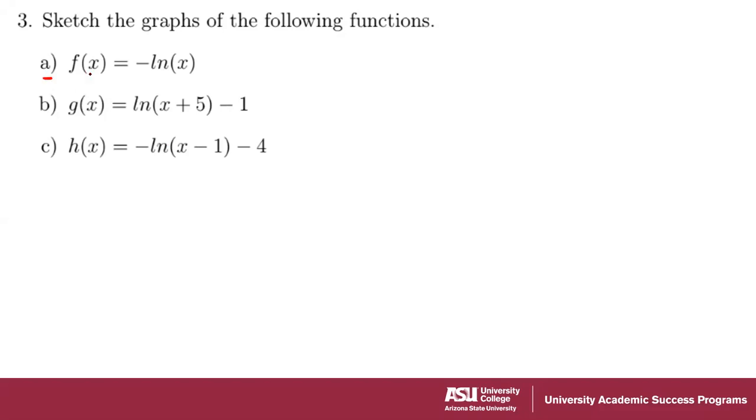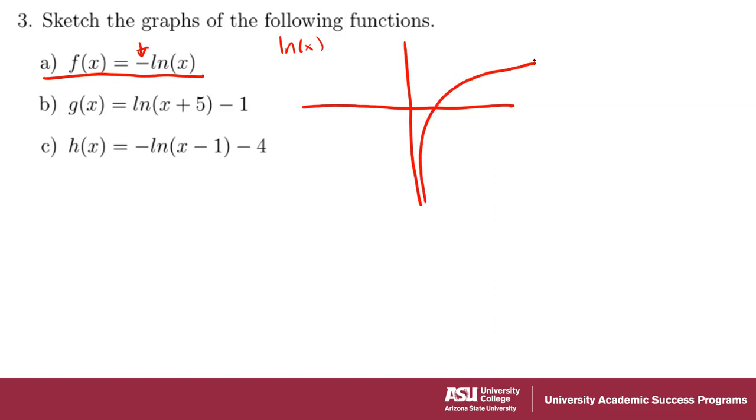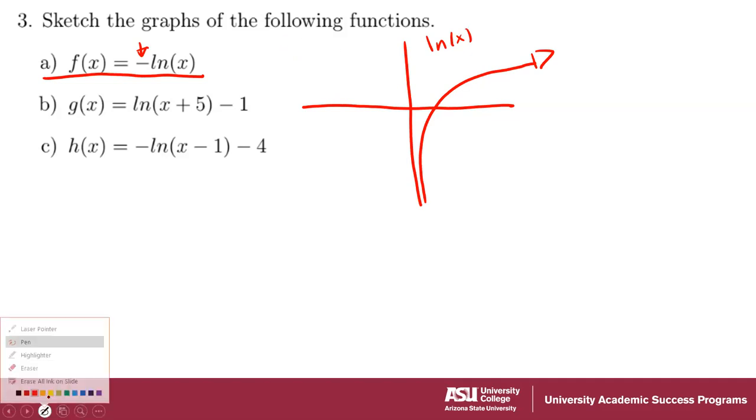So with A, we have a negative sign. So we're going to reflect it. If I start by drawing ln of x, we can see the change more obviously. I have my ln x in red, and I'll draw my f of x in blue.